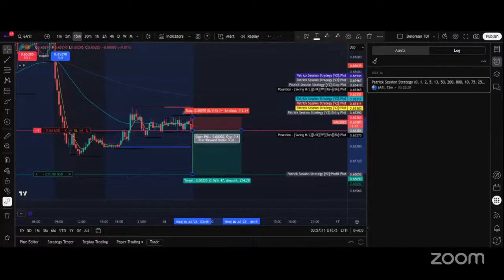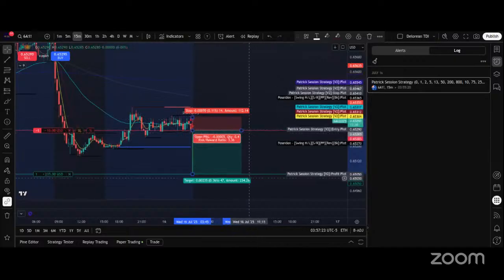Something's off. Oh, sorry. Stop loss is 0.65355. And entry price is 0.65285.